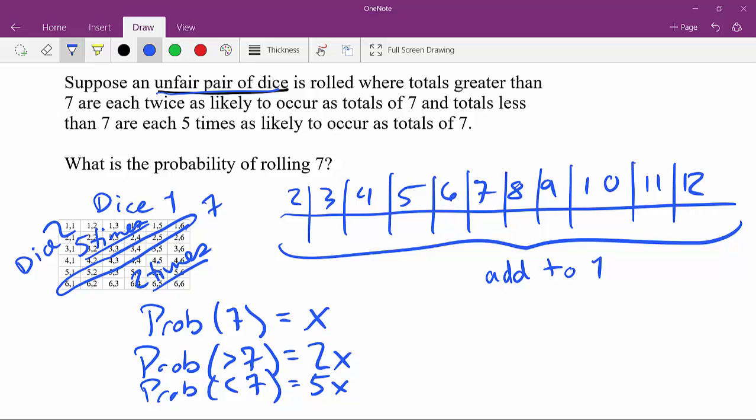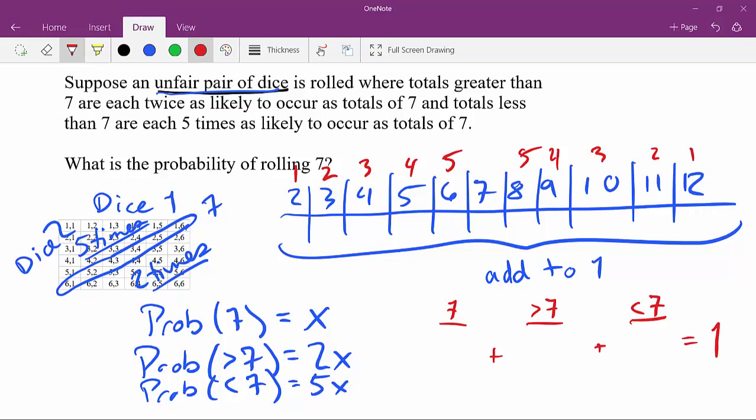If you use this table above, we need to know that there's only one way to get a 2, 2 ways to get a 3, 3, 4, 5 ways to get a 6, and so on. 5, 4, 3, 2, 1 above. So we've got the 3 different probabilities. We've got the 7, we've got greater than 7, and less than 7. Each of which, if we add up all those probabilities, should add to 1.